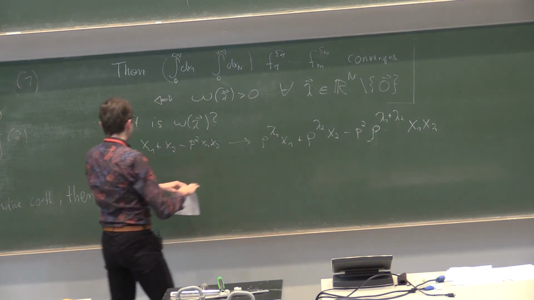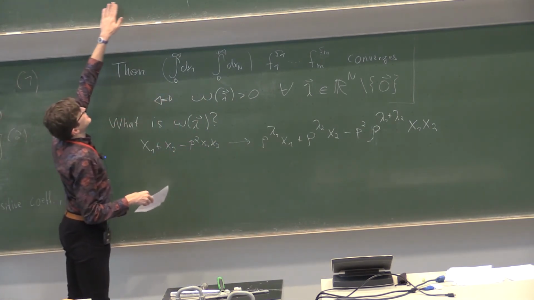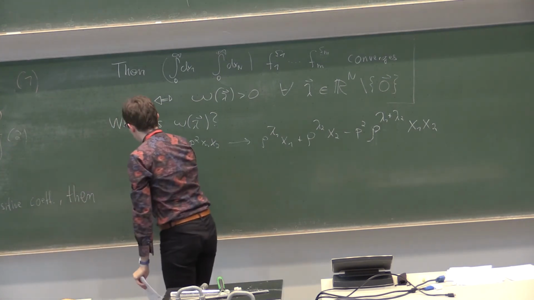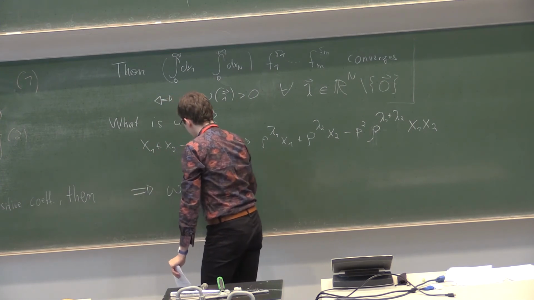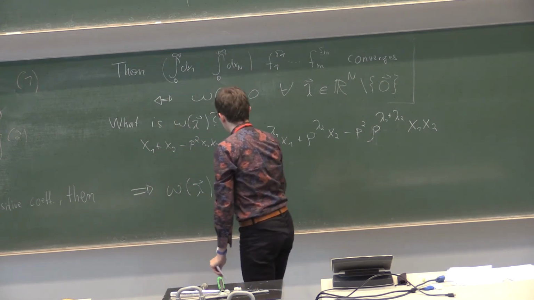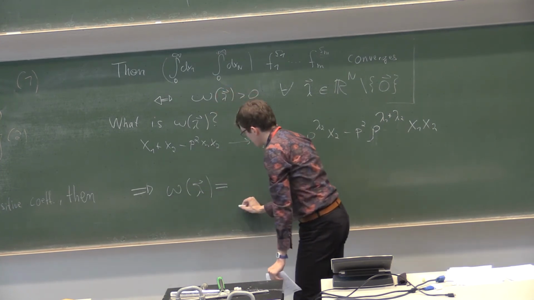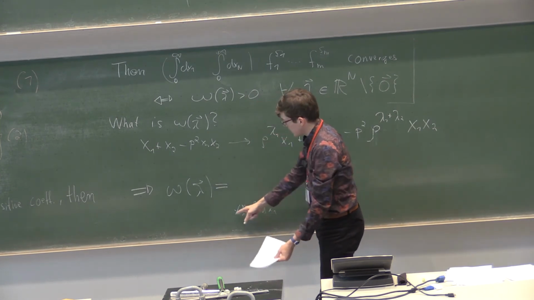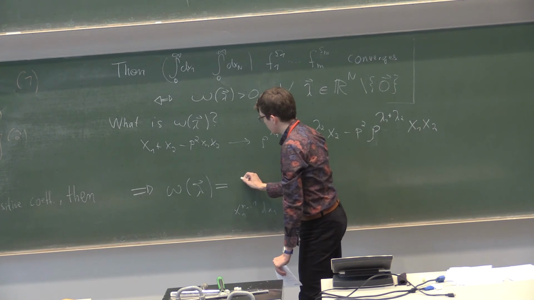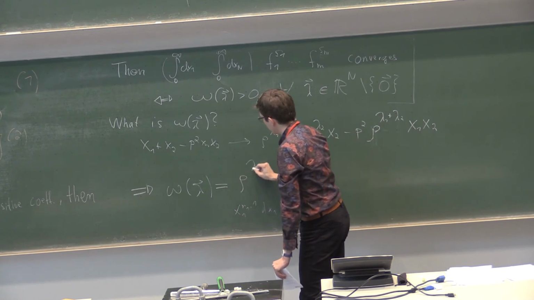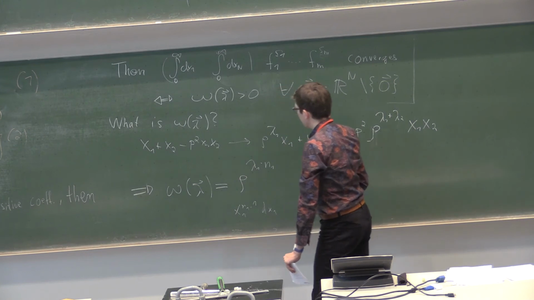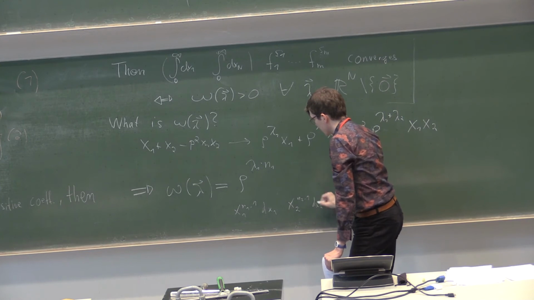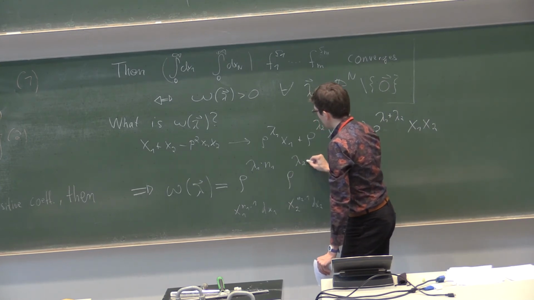So we look at the smallest power of rho that we have here. This gives us a contribution to the scaling degree from this part of the integrand. We also have this part of the integrand, which is trivial to compute, right? So we conclude that the scaling degree, what is it? Well, we have these terms, x1 to the n1 minus 1 dx1. If you do the scaling, every x1 becomes a rho to the lambda 1. So we get a rho to the lambda 1 times n1. From the x2 integration measure, you get a lambda 2 times n2.